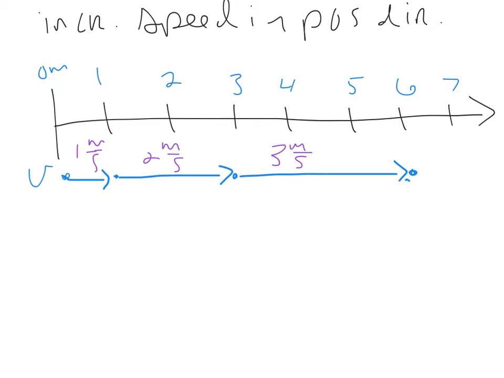So each second, the velocity was increasing by 1 meter per second, which means that my acceleration would be increasing the velocity by 1. So I want to show a second row now with acceleration vectors.